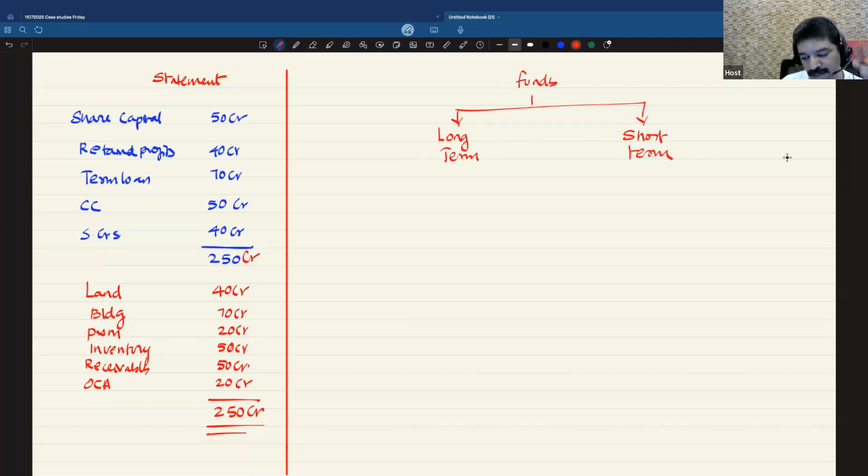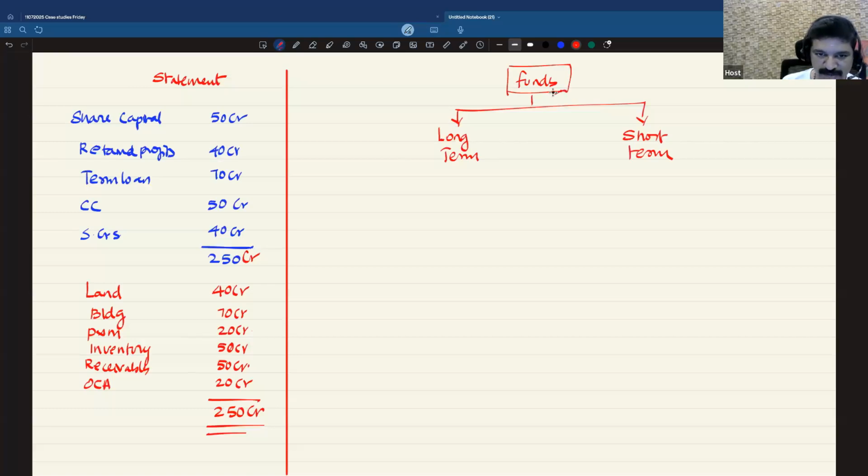Somebody even called me a finance coach who talks a lot about long-term and short-term fund utilization. But I believe this is the ultimate. If this is managed, financial management is taken care of. If you don't understand this and make a mess, it becomes financial mismanagement.